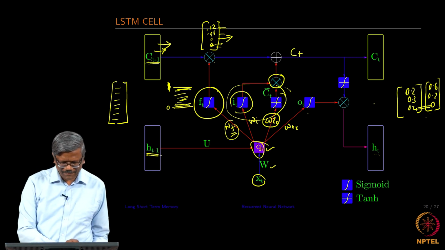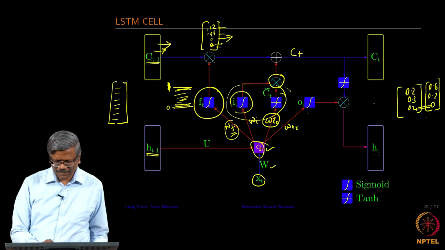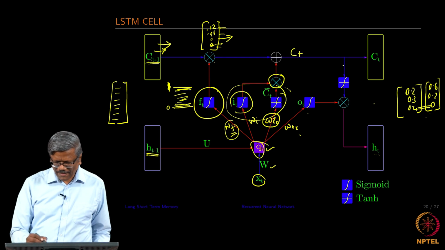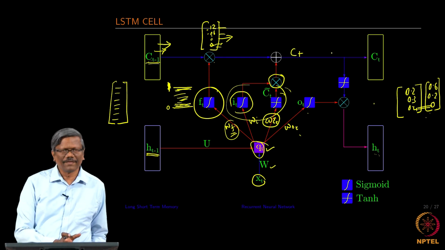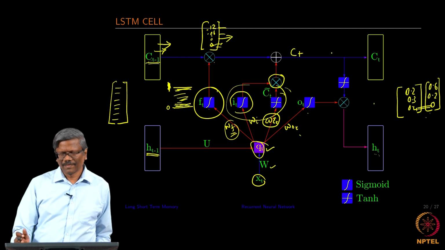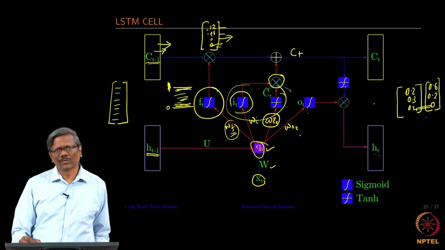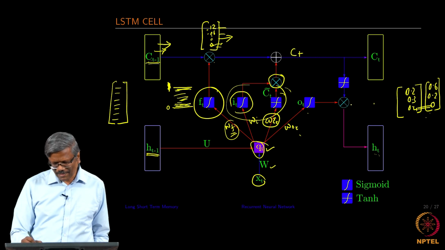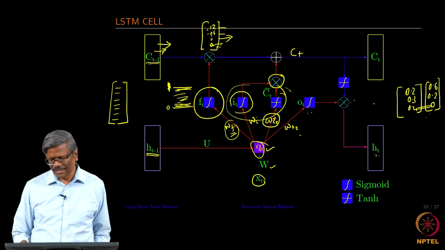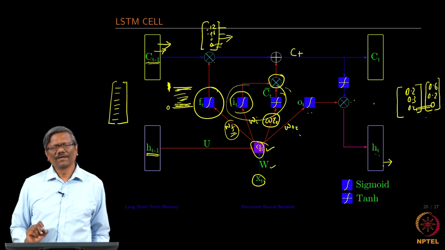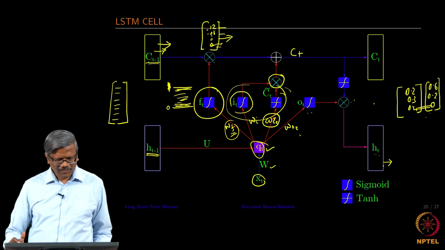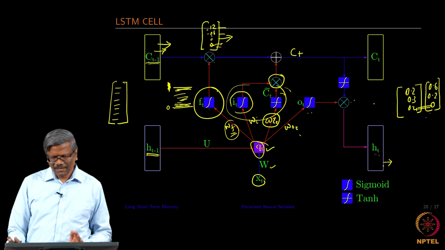Again we take the value of QT, use a sigmoid, and then whatever value that we had earlier decided that should be passed on, right, as the memory is brought back through the tanh, and then the output is combined using an element wise multiplication, and finally, the new HT is computed.